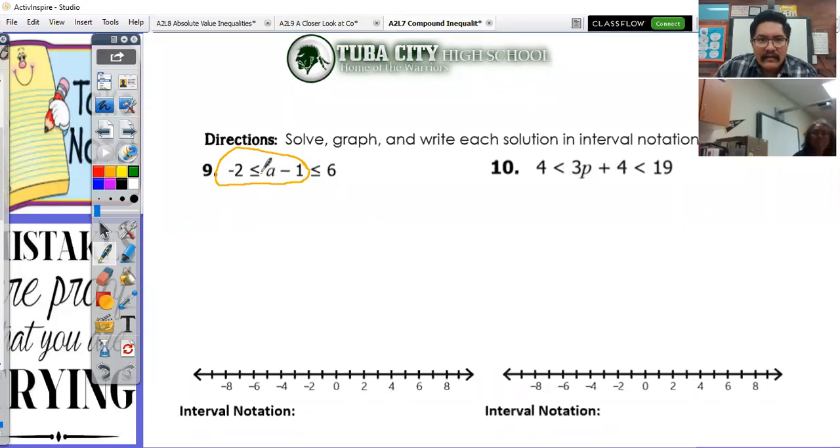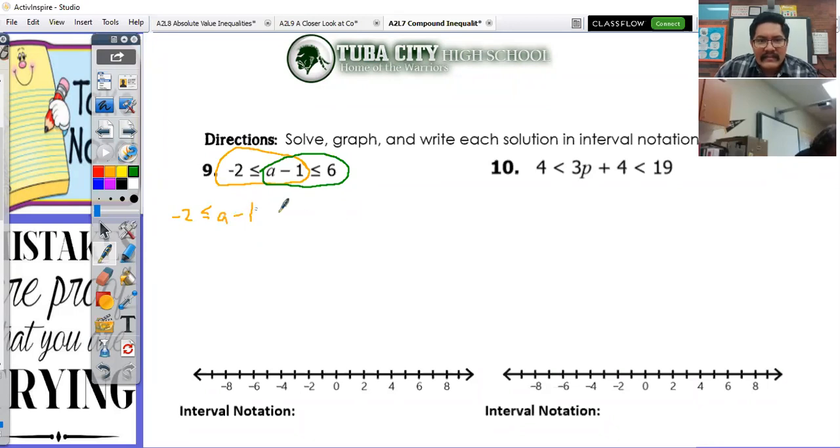Now I'm going to go to the other inequality, which is between A and this one here. So that's the other inequality. Circle this on this side. So now I have two inequalities. So I'm going to write them both down. And again, if you read the directions, it says you can do them both at once.